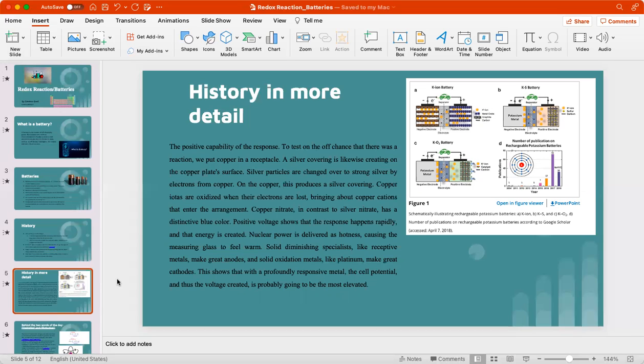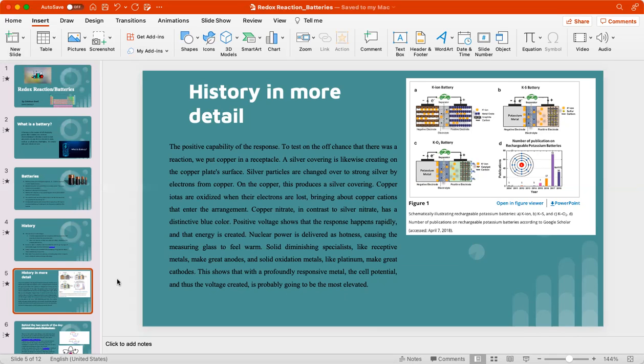On top of the copper, the product is a silver coating. Copper is oxidized when electrons are lost, bringing about copper cations that enter the solution. Copper nitrate, in contrast to silver nitrate, has a different color: blue.